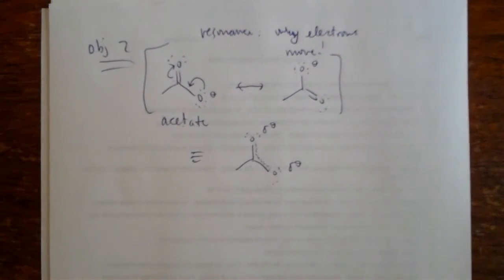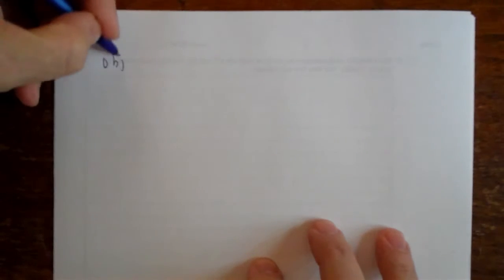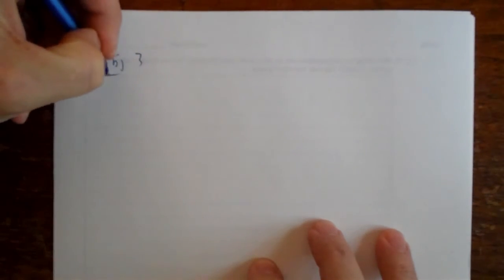Okay, and then objective number 3 for lesson 1 is to predict the relative stability of resonance contributors.